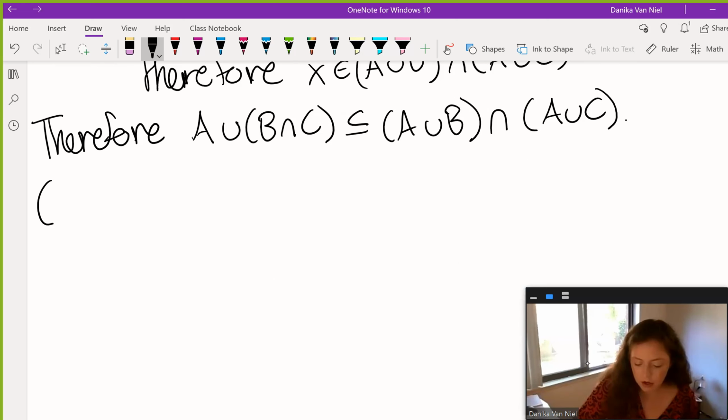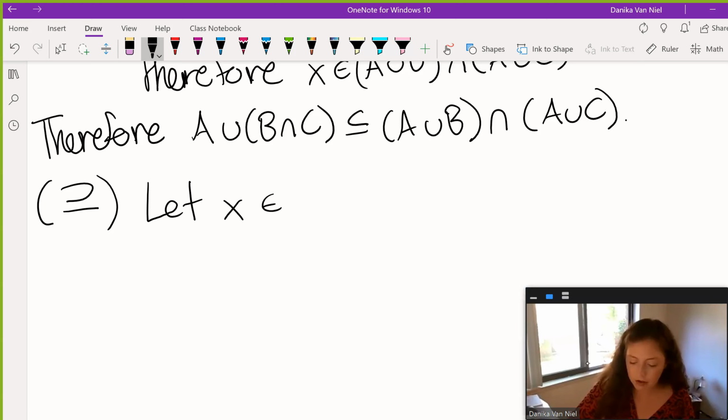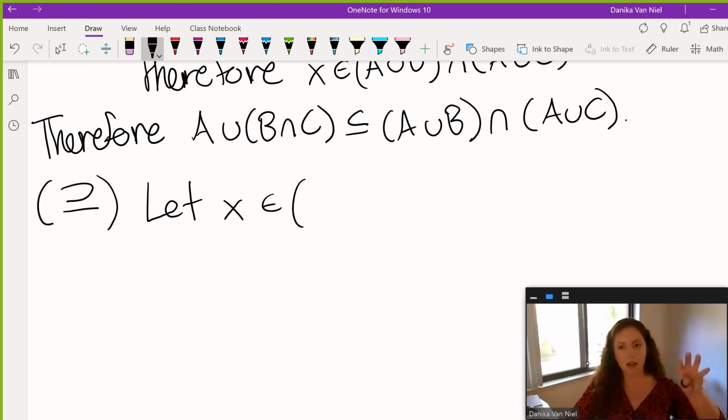Alright, so I showed this way, now I'm going to show this way. I want to show that A union B intersected with A union C is a subset of A union B intersect C. So the first thing that I do is I just grab some random element, let X be in the thing that I want to show is a subset of the other.